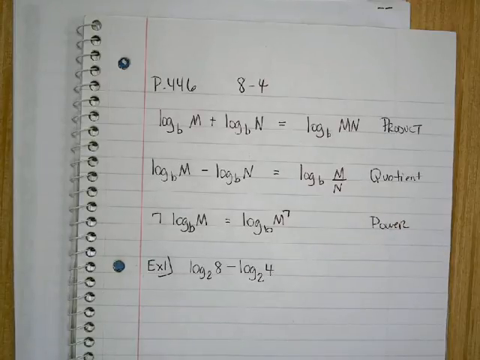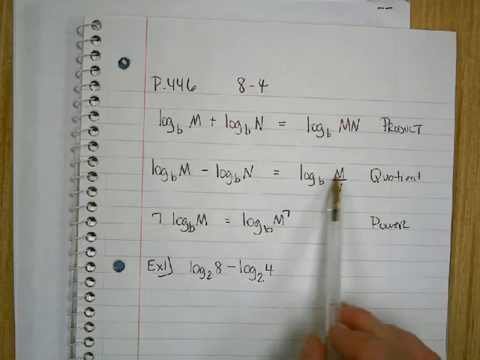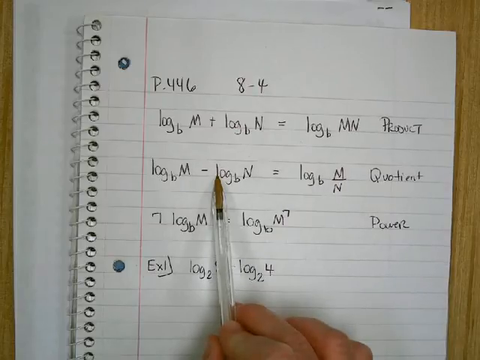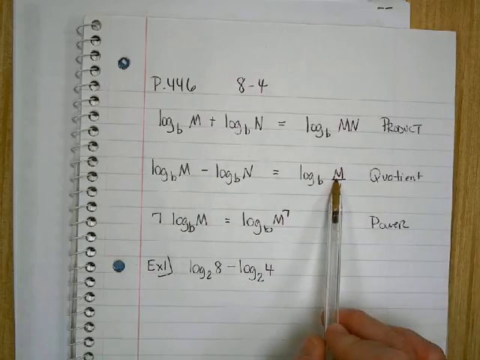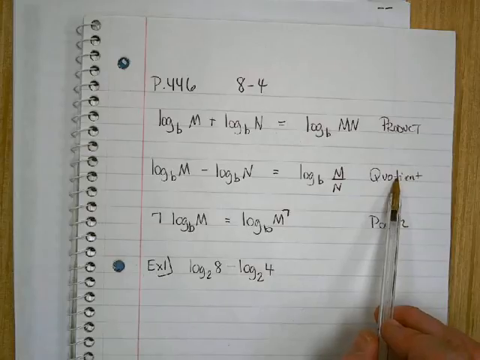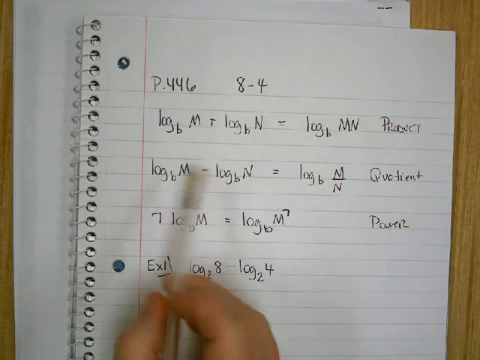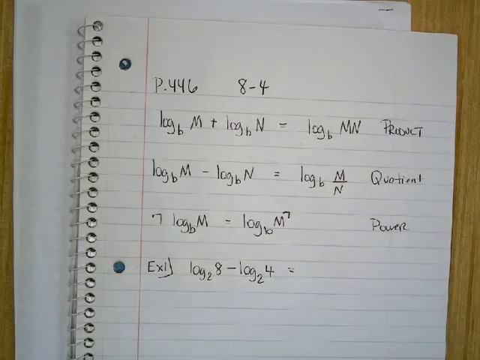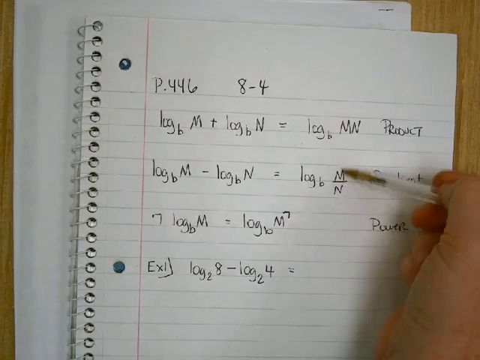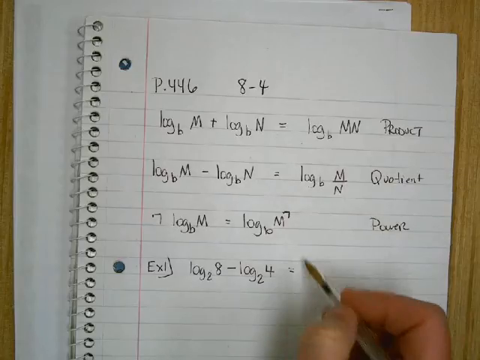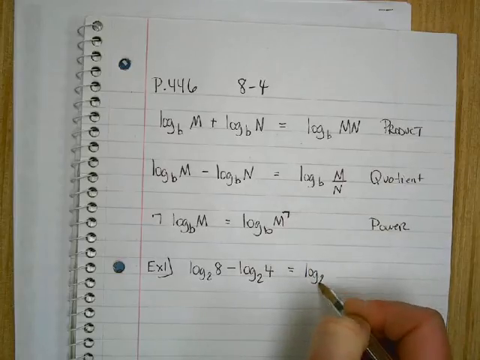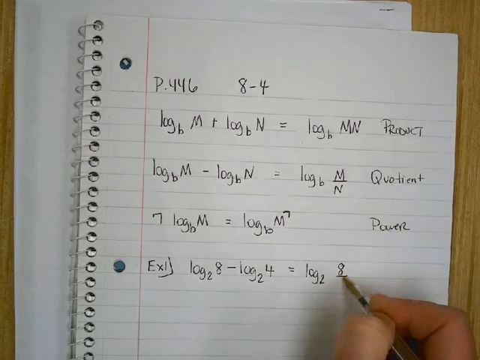So if you're starting here and going there, or if you're starting there and going here, it's all called the quotient property. Whichever one they give you, you're going to go the other direction. So they're giving me the subtraction part. I need to write it as a quotient. So this is log base 2 of 8 over 4.